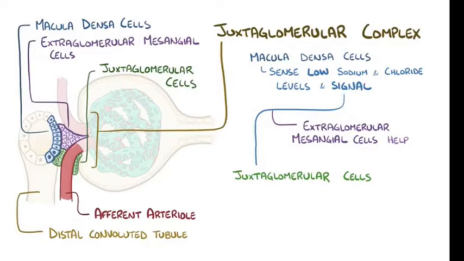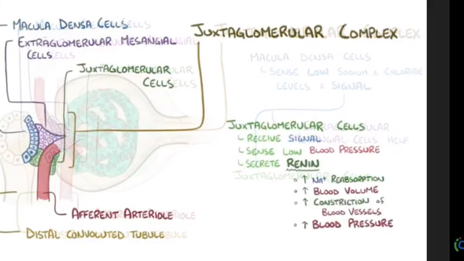In this juxtaglomerular complex, the macula densa cells sense the low sodium and chloride level and send the signal to the juxtaglomerular cells with the help of extraglomerular mesangial cells.